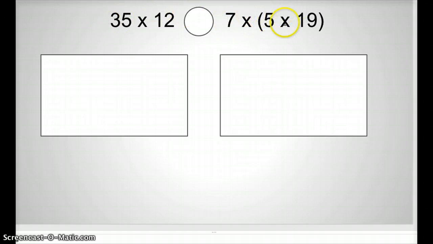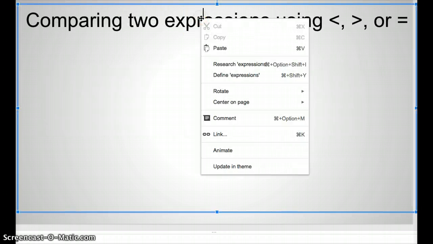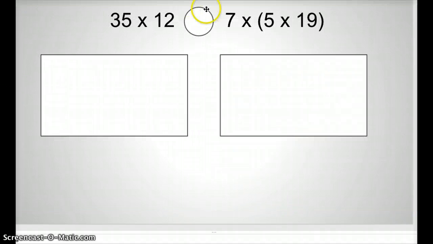So I know over here I have 35 19s, and over here I have 35 12s, because 7 times 5 is 35, making this 35 19s, and this is 35 12s. So it should be the less than symbol, because 35 12s is less than 35 19s.